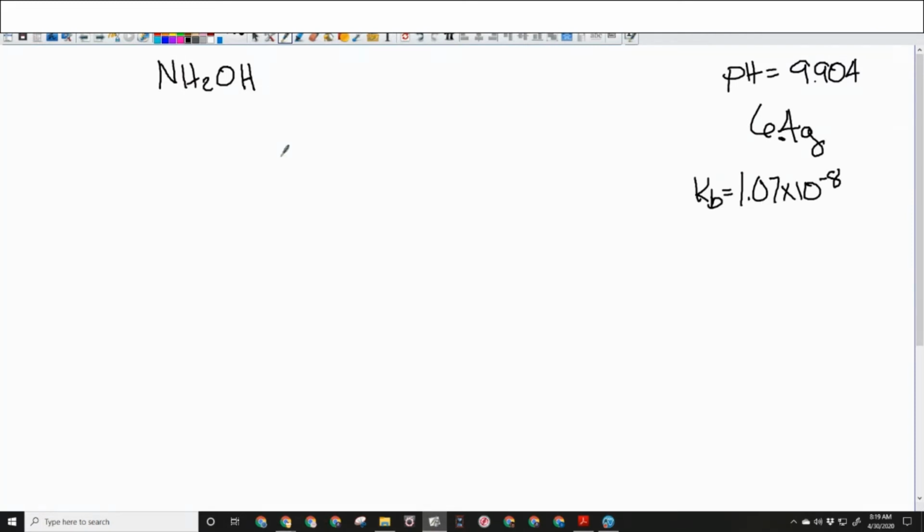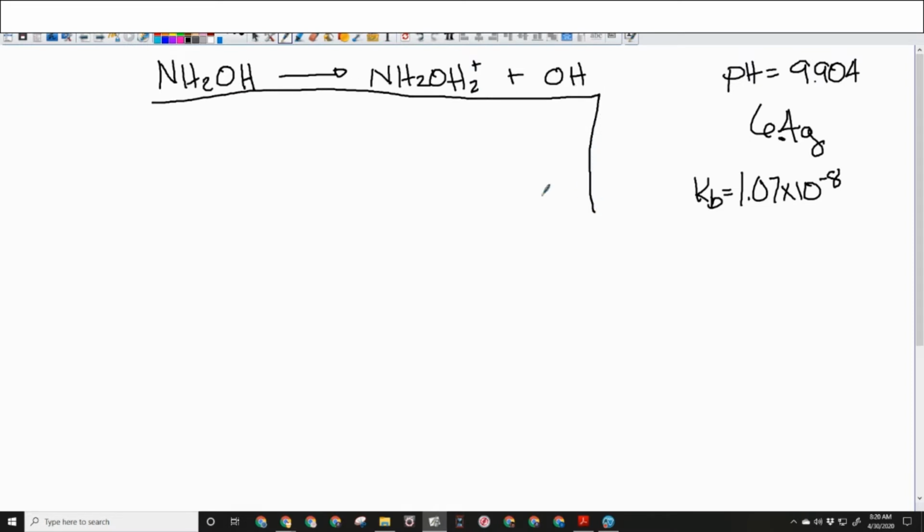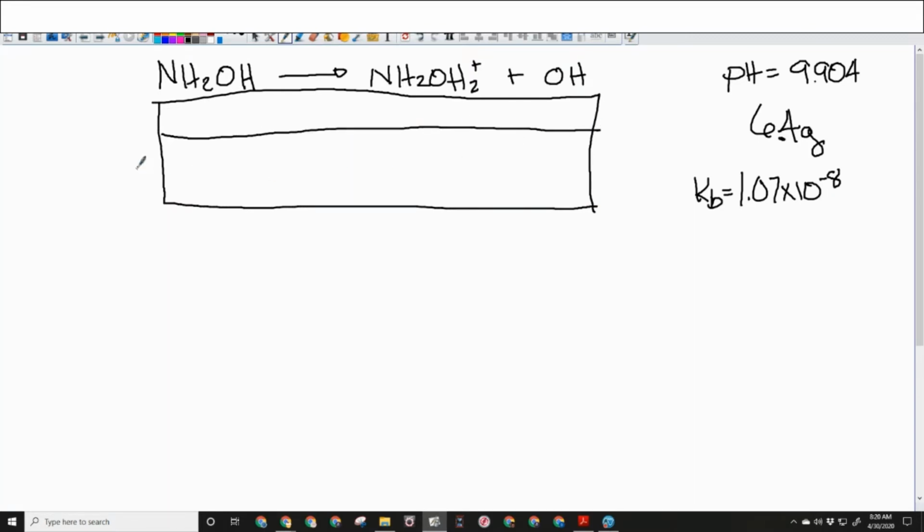All right, bases accept hydrogens, so we're going to rewrite this with another hydrogen, and OH is left over. We know this is a weak base, so we're going to have to draw an ice chart. These questions are all done the same way.